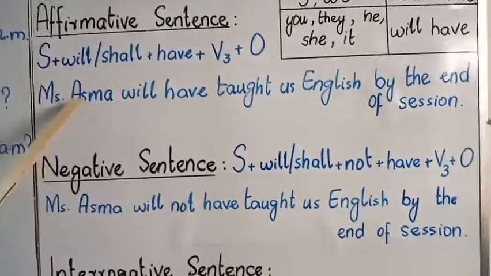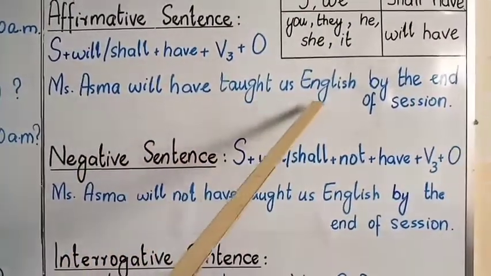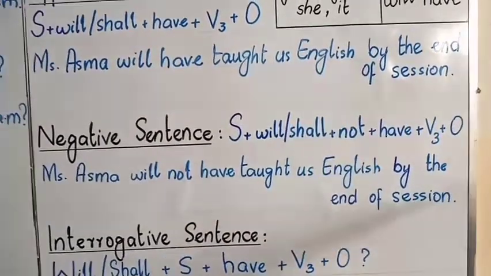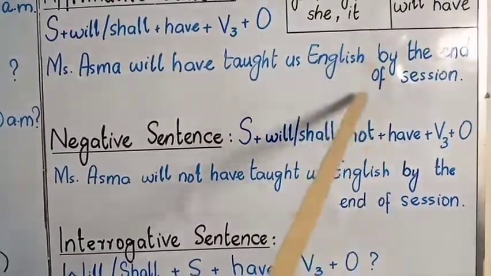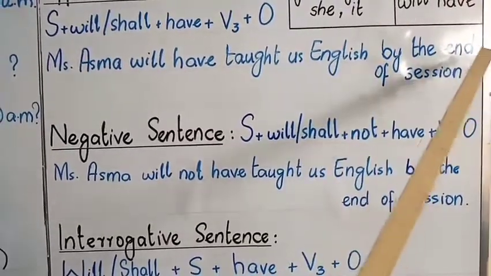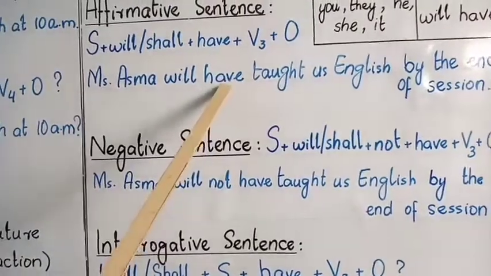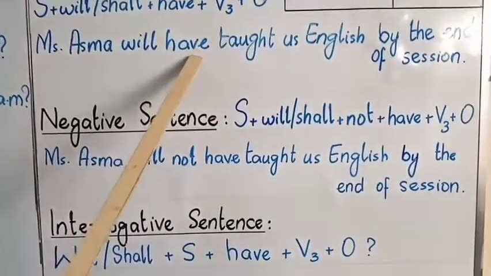Example is, Miss Asma will have taught us English by the end of session. So this is an action in the future, and before this in future, this action will have been completed.